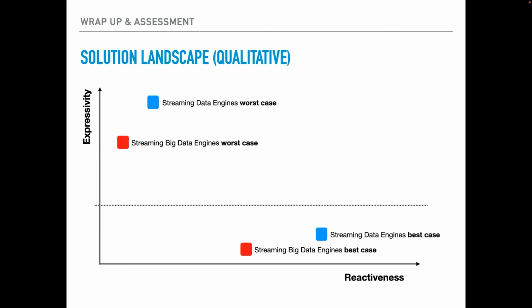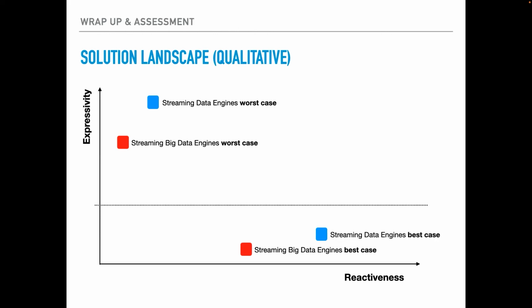So if you scale vertically, the blue points, definitely you will have both better reactiveness and more expressiveness than if you scale horizontally using streaming big data engine technologies. And this is because whenever you want to distribute tasks, you have to face the problem that the harder is what you want to distribute, the slower you will go, right?